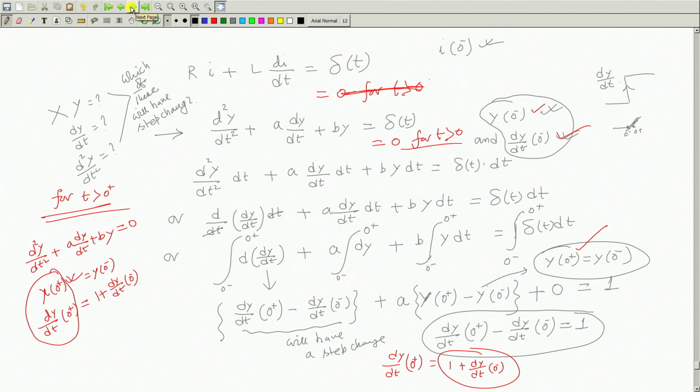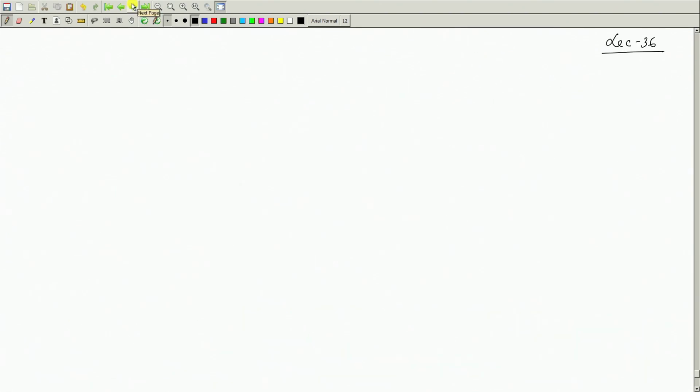Now, let me solve an example. Example 1.